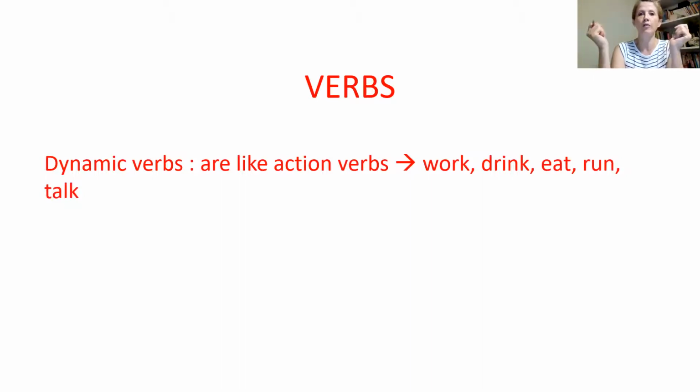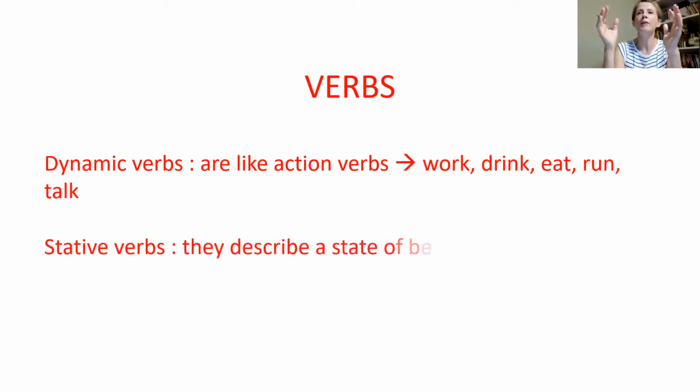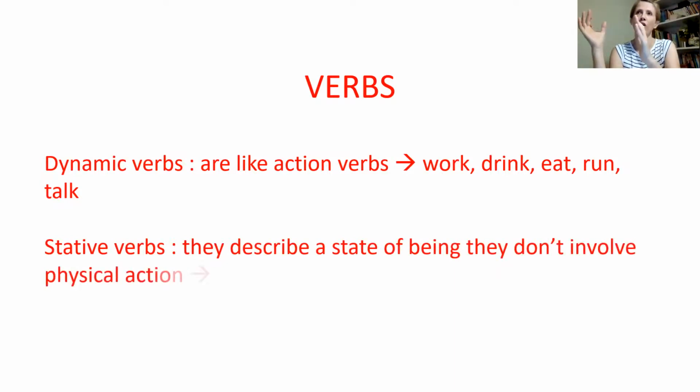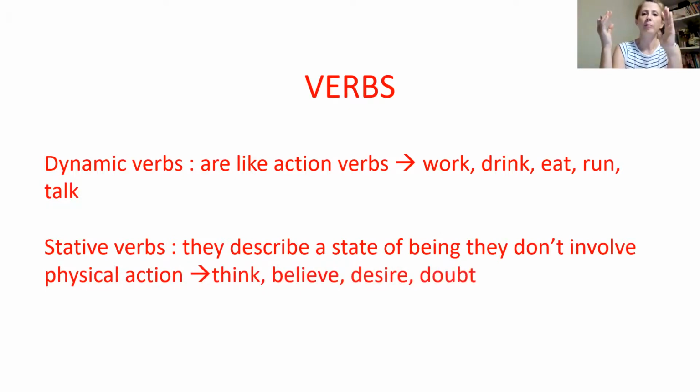I've written down a few here: work, drink, eat, run, talk. Stative verbs describe a state of being and they don't involve physical action. Like think, believe, desire, doubt. You don't use stative verbs in the past perfect continuous. Don't forget that. It's very important.